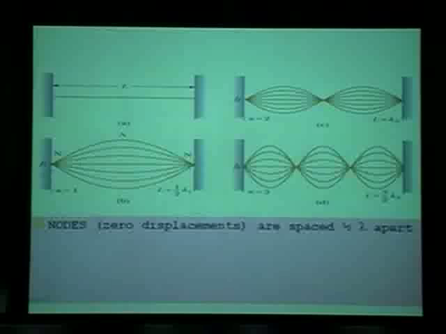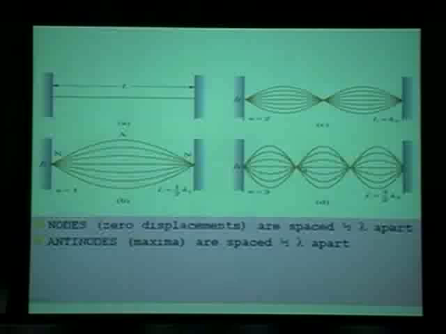We call these positions where there's no movement, on any of these representations, nodes. Now all successive nodes are half a wavelength apart. Hence we call the maximum positions on all these representations the antinodes.